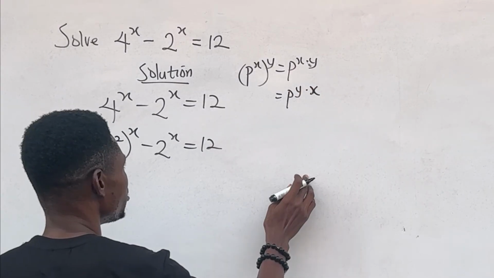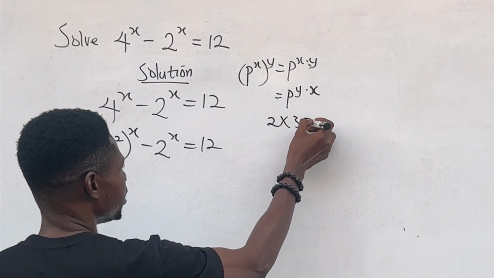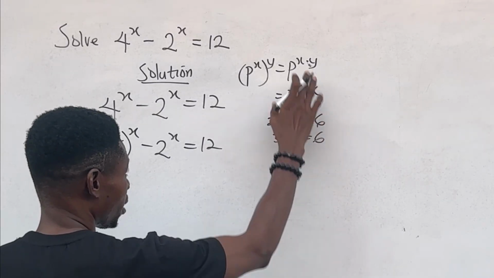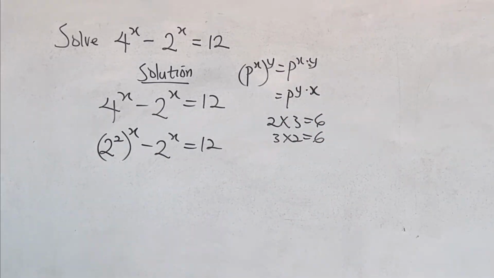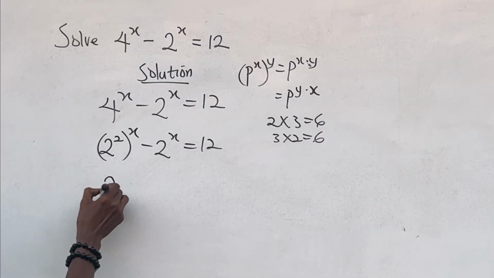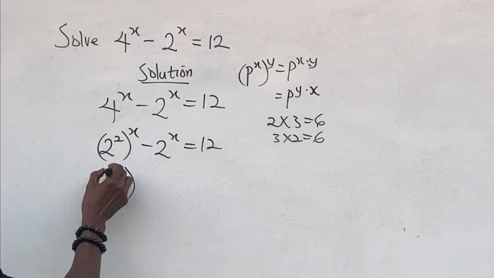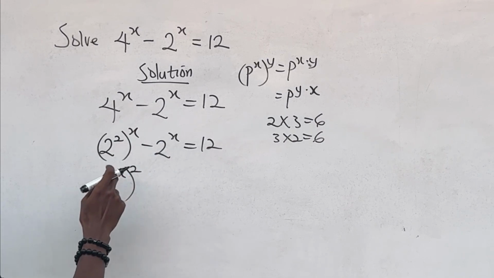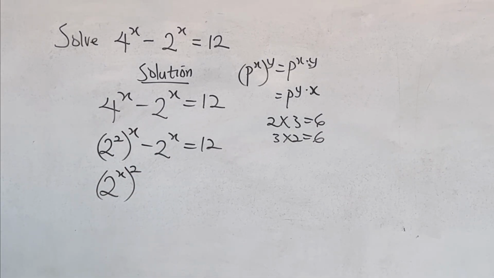So both are the same. Just like 2 multiplied by 3 is 6, 3 multiplied by 2 is 6. So we can apply this now here, and this is 2 raised to the power x squared. So 2 multiplied by x, x multiplied by 2, both are the same.